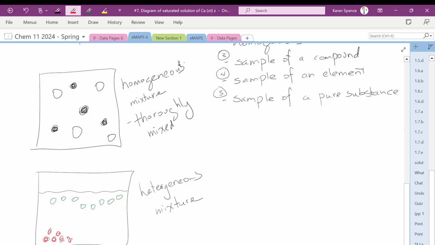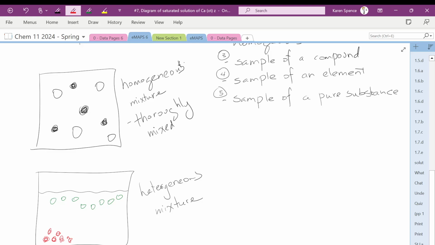So this is a compound, but it's only one particle of compound. So if I say a sample of a compound, what I'm going to look for is that we maybe have a few particles of it. Does that make sense? Okay. So that's a compound. So here we have a heterogeneous mixture. Here we have a compound.